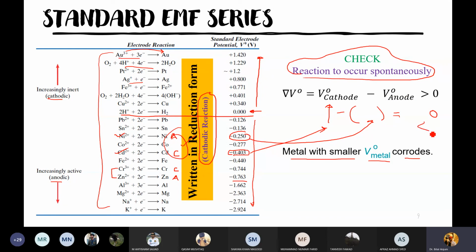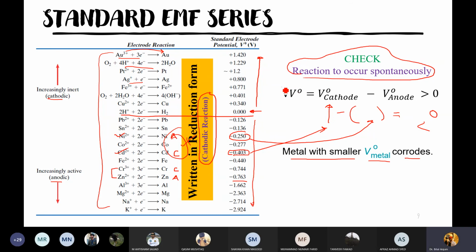But if it is less than 0, that means your assumption was incorrect. The reaction would not take place in the direction that you have assumed. It would take place in the opposite direction. Is this clear to you guys?